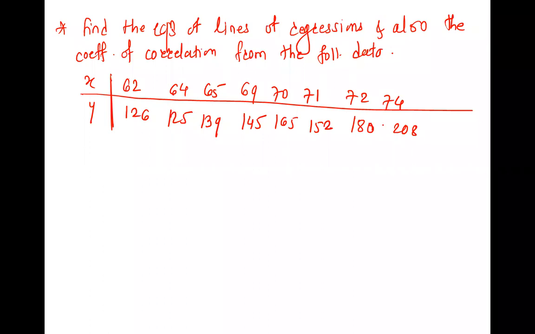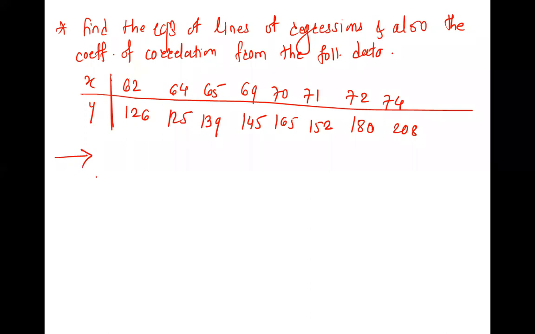And it's asked to find the lines of regression equations and coefficient of correlation also. Means what you are going to find here? R also and two lines. That is the regression line X on Y and Y on X. Right.